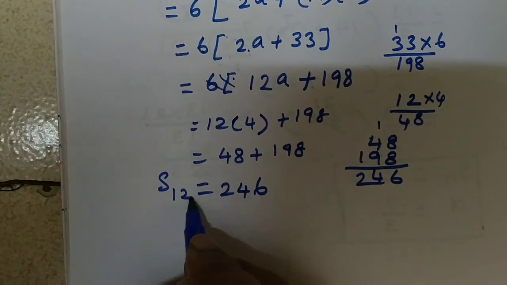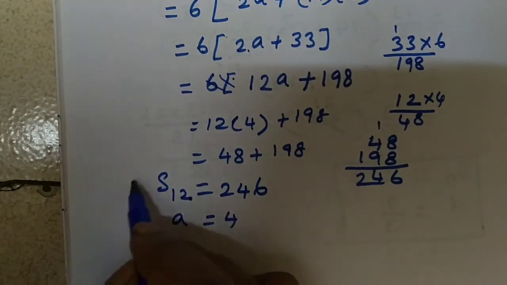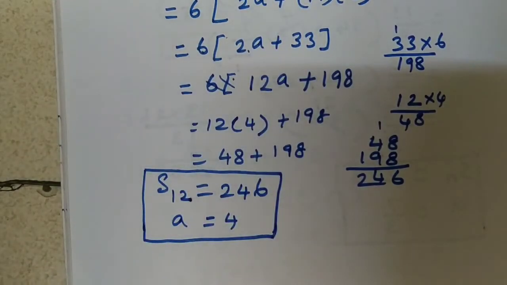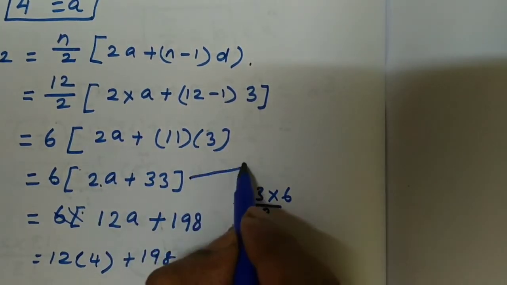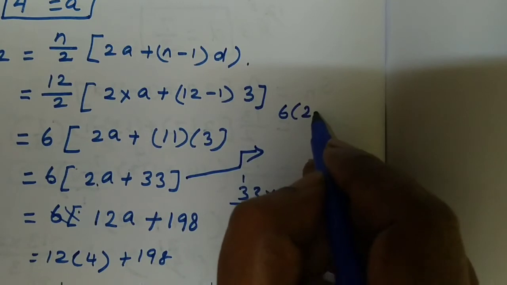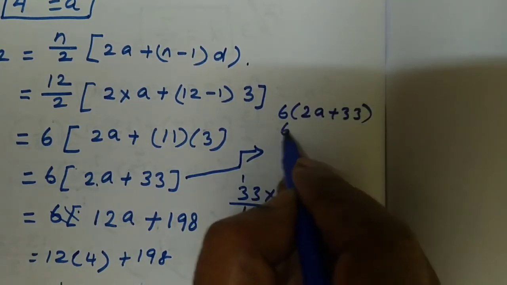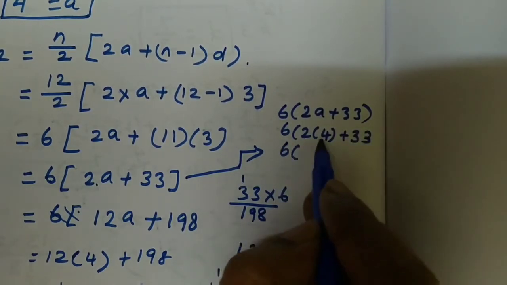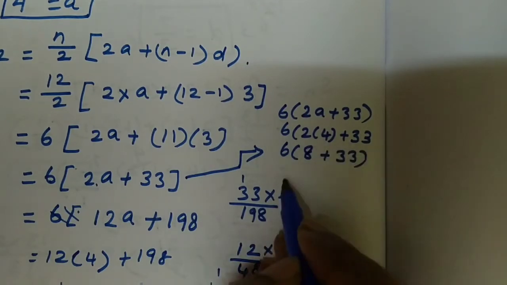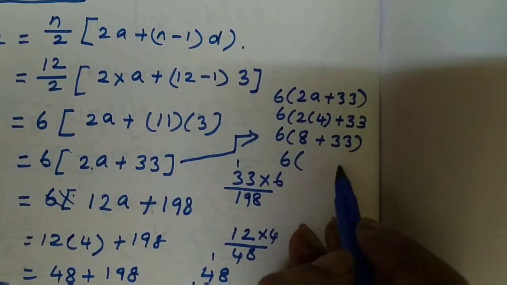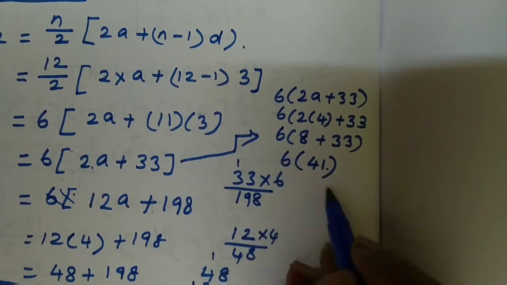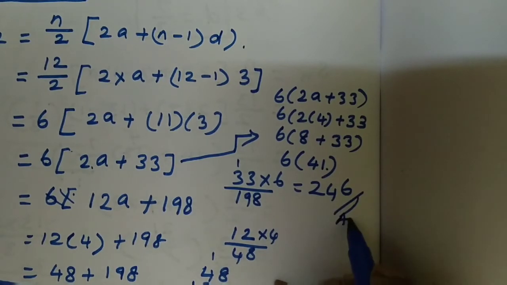The value of S12 is 246 and the value of a is 4. 6 4s are 24. 246. Answer.